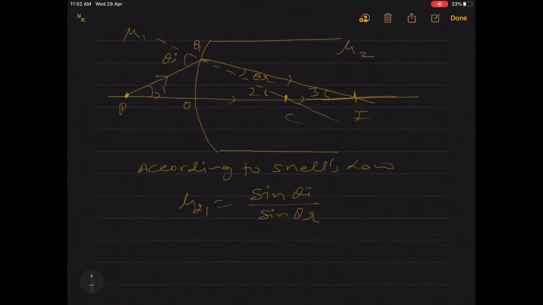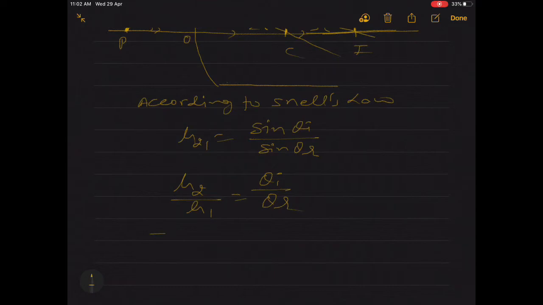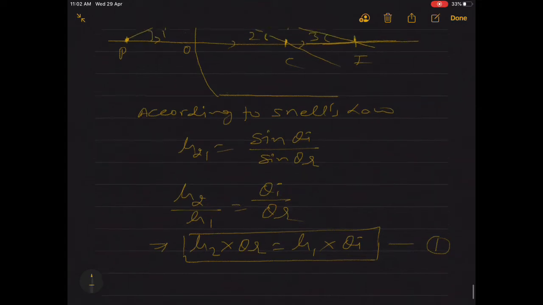For small angles, mu2 upon mu1 would be theta I upon theta r. This we can write for small angles of incidence and angle of refraction. If we cross multiply, mu2 into theta r is equal to mu1 into theta I. This is the major relation we can have from this diagram.